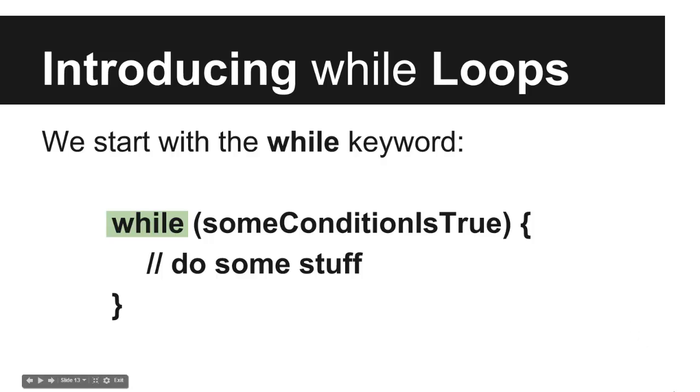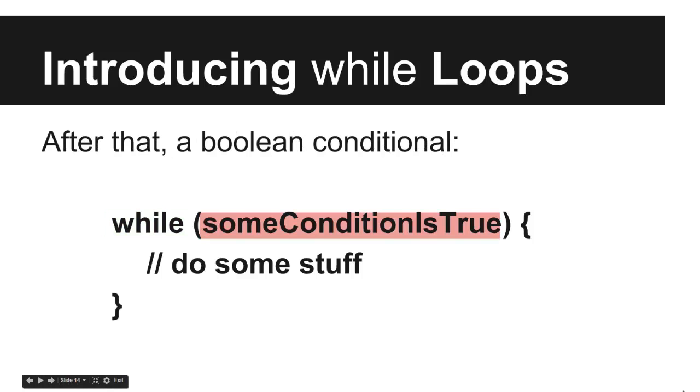So a while loop will start with the while keyword. This is sort of like the if keyword. From there, we have a Boolean condition. So everything between the parentheses should ultimately evaluate to either true or false. So you'll probably use the relational operators. You'll probably use the equality operators. Later, in the future, we'll write our own methods that return Boolean values.